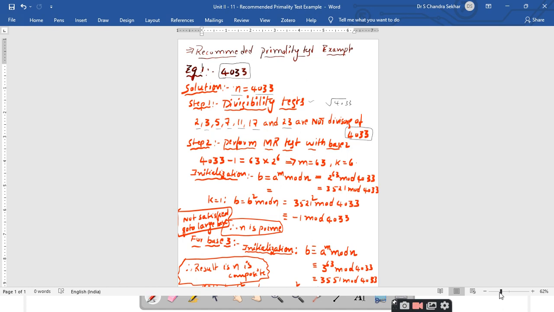So we can simply say that 4033 is a prime number. If any of these primes which are less than the square root of 4033 exactly divided this n, then it would be composite. Since none of these numbers divides 4033, we say that 4033 is a prime. Hence we go for step 2.